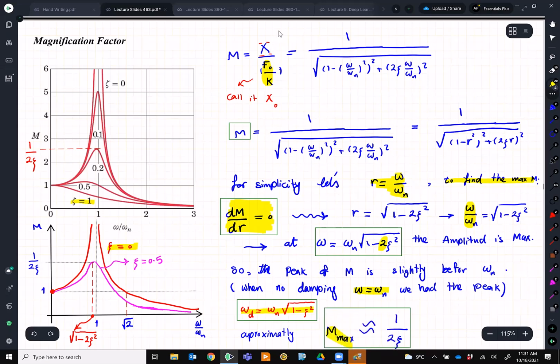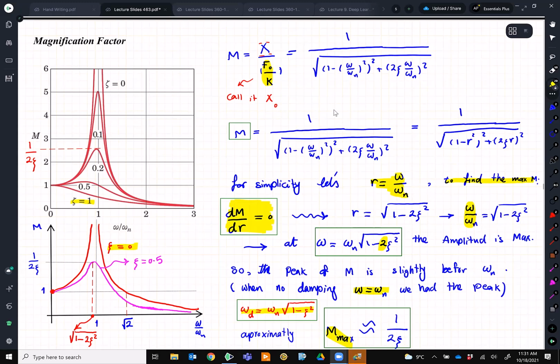Okay, I'm going to check chat. Is there an intuitive reason why the maximum occurs just under omega n? That's a good point. Why did it just happen right below omega n? I've never thought of that. I always rely on the math telling me that it happens right before omega n.